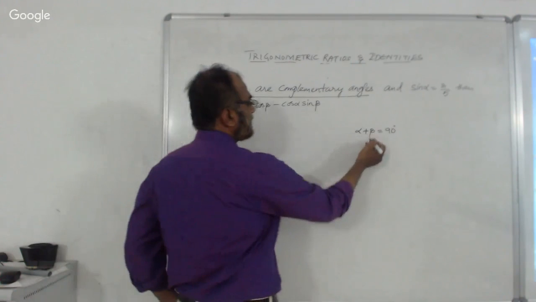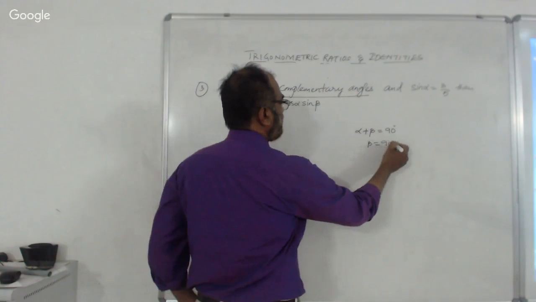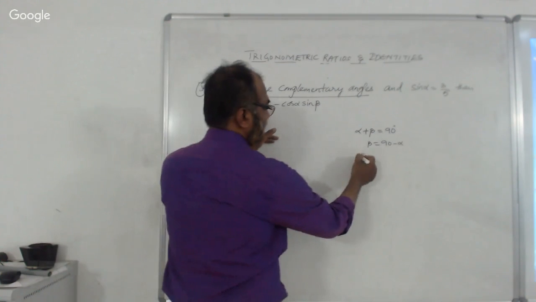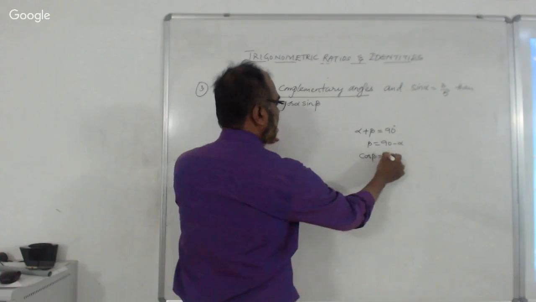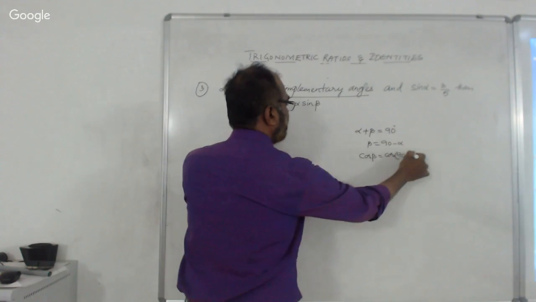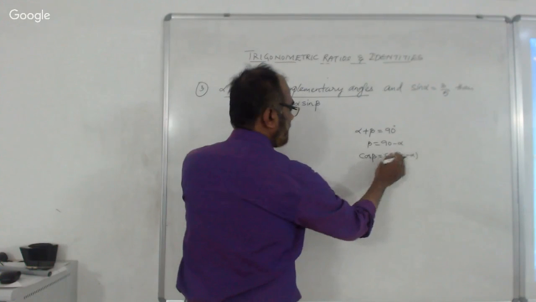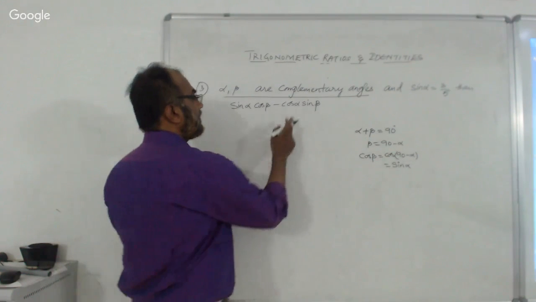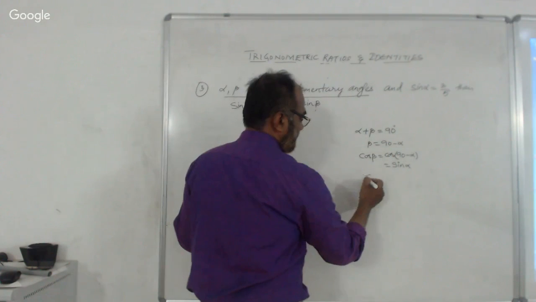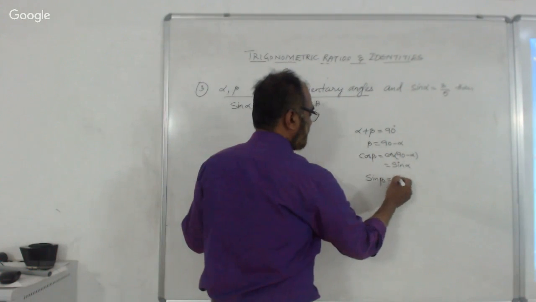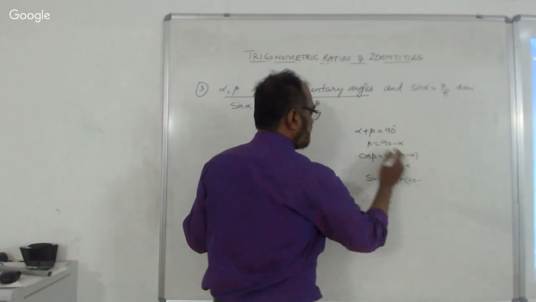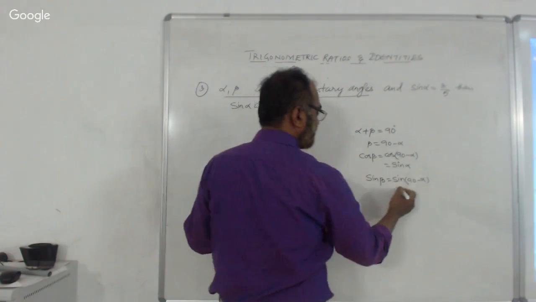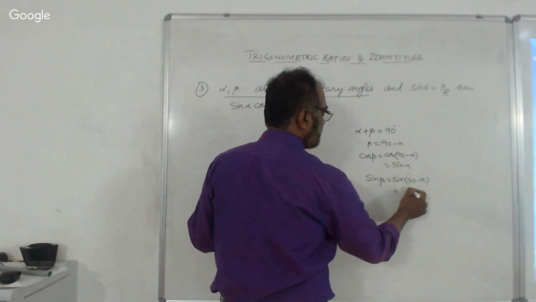From here, beta is 90 minus alpha. So cos beta is cos of 90 minus alpha, which is sin alpha. Similarly, sin beta is sin of 90 minus alpha, which is cos alpha.